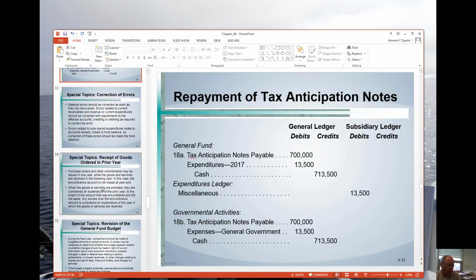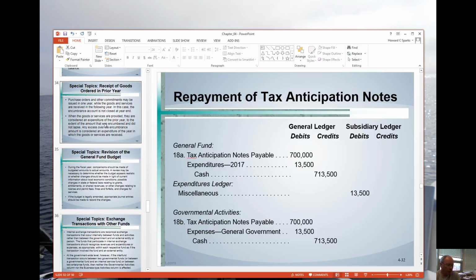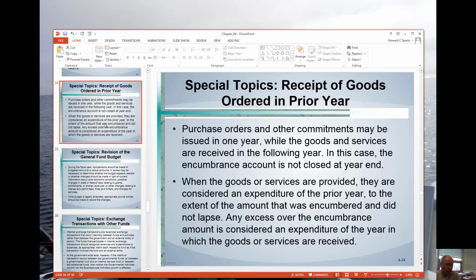All right, we're going to skip these other things where you've got encumbrances that are purchase orders issued, and encumbrances that aren't fulfilled by the end of the fiscal year. You have to look at the specific policy for a state or local government about whether those funds can carry over and be filled.